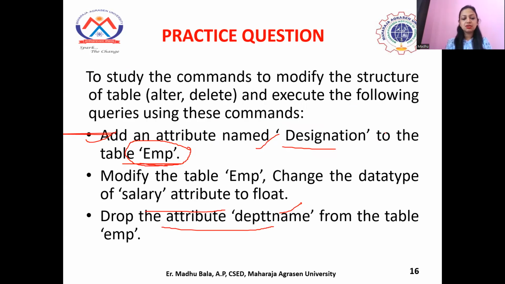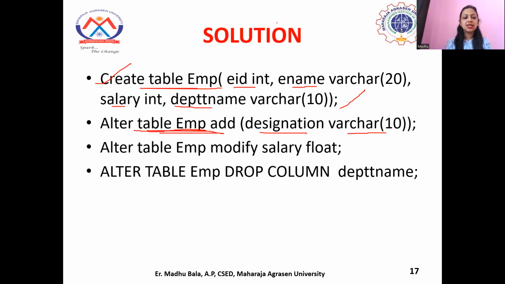The second task was to modify the table employee. What are we modifying? We need to change the data type of the salary attribute to float. Earlier, we took salary as int. Now we want to make it float. So how can we do it?